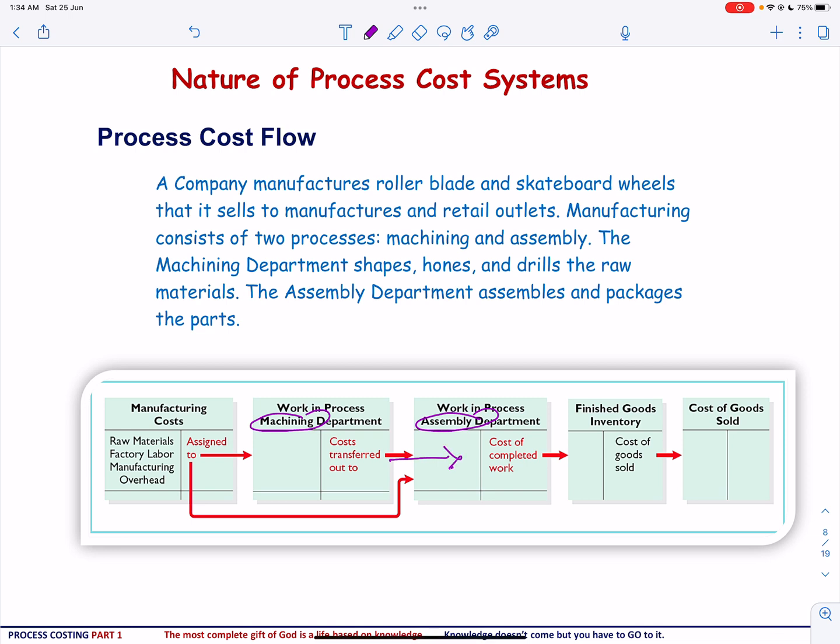The assembly department transfers to the finished goods inventory after finishing the work at the end. In the next slide, on sales, the company moves the goods from the finished goods inventory to the cost of goods sold. In the next slide, we will discuss how to record general entries in assigning manufacturing cost.